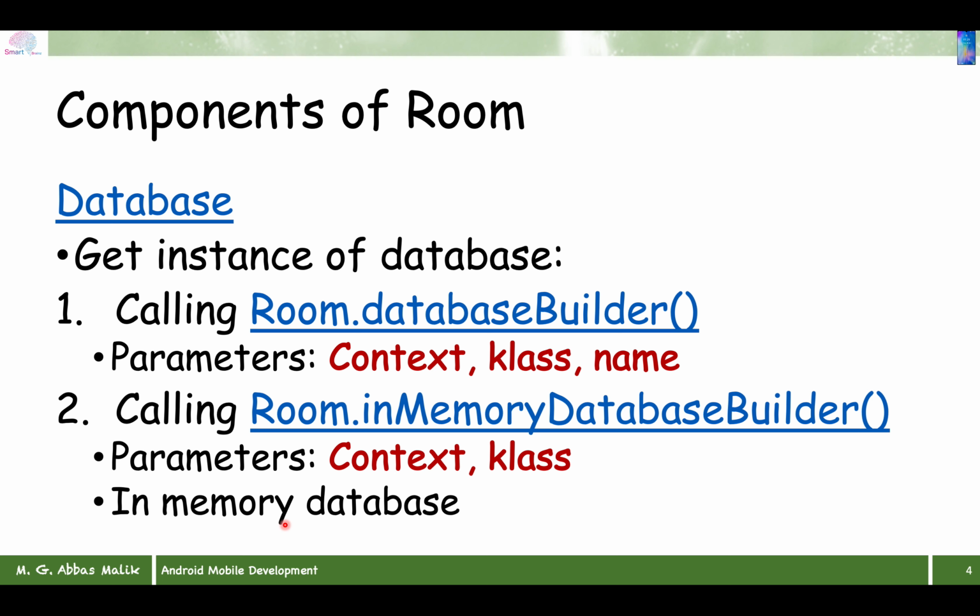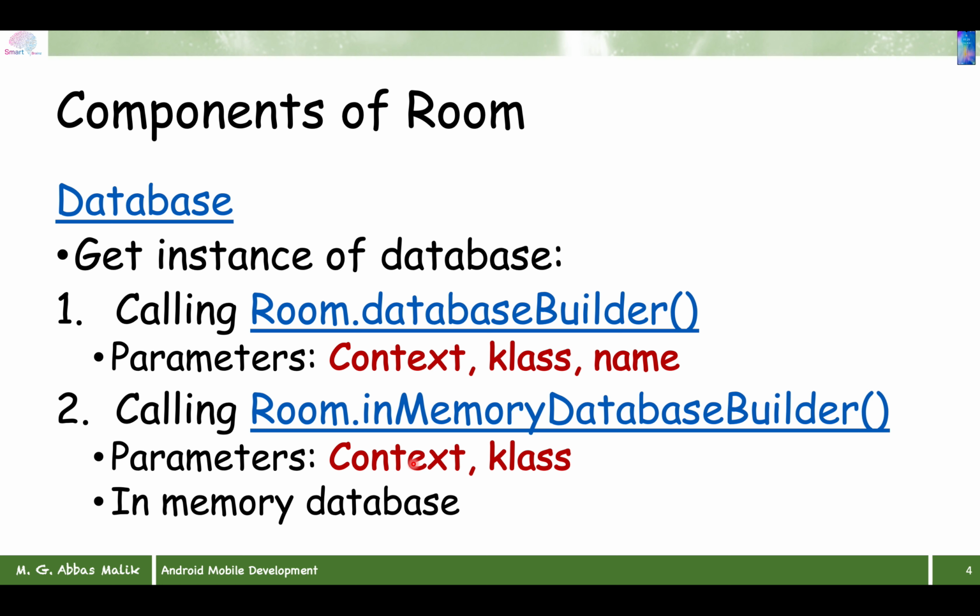So whenever your application is going to turn off, or it will be destroyed by the Android system to make some room for the other applications to run, then this particular database which is in memory will be lost.